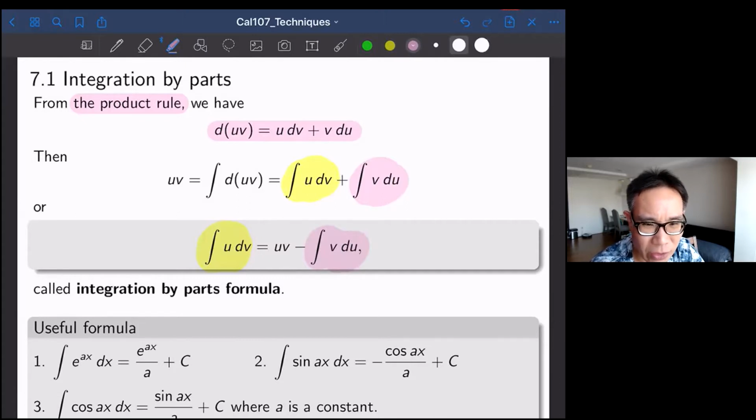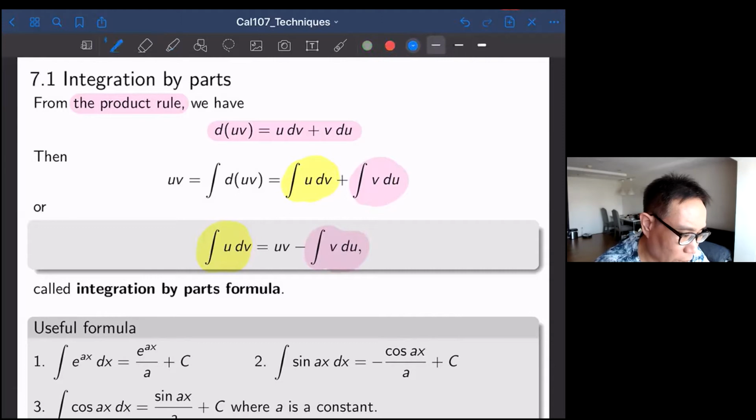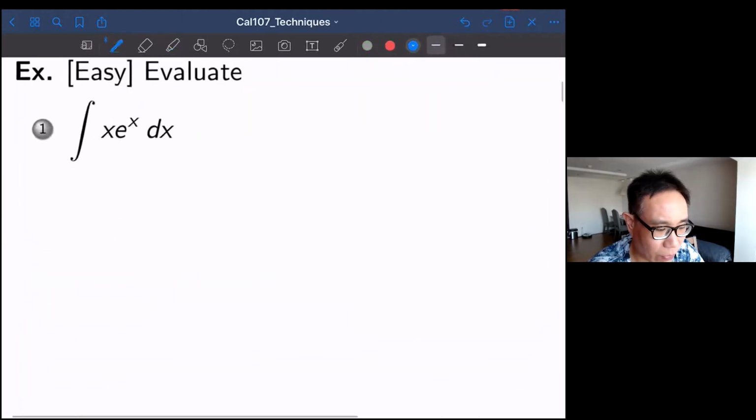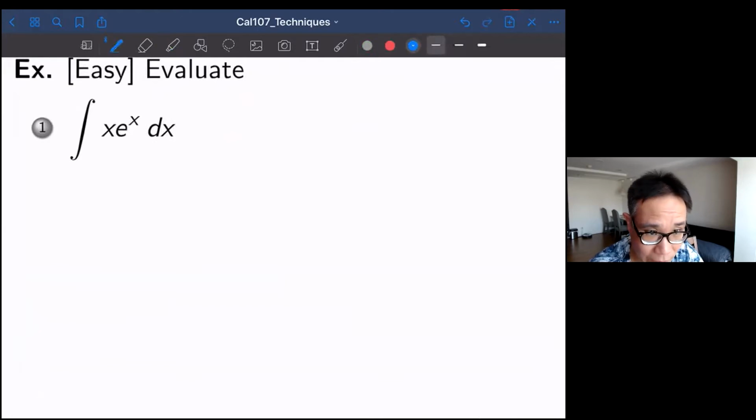It looks like interchanging the variable, right? When we like to integrate something like this, it's kind of difficult because this is a product between two functions and we don't know how to integrate it yet. So we're gonna try to change this in terms of u dv.